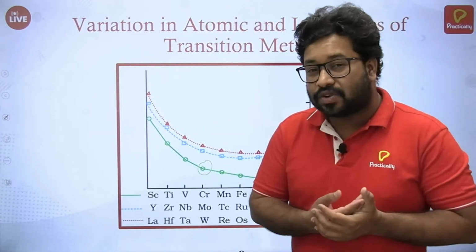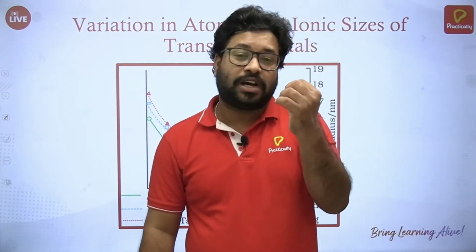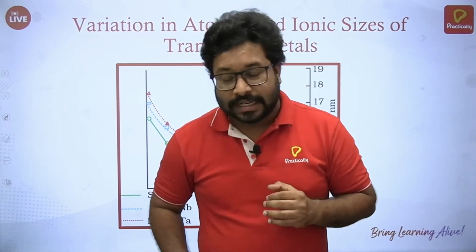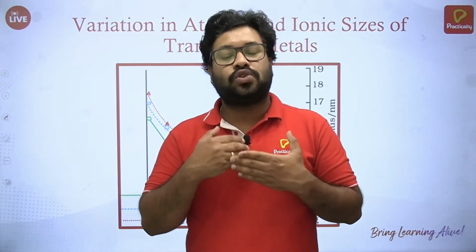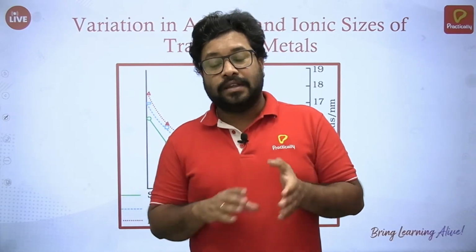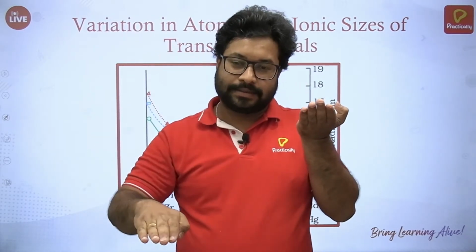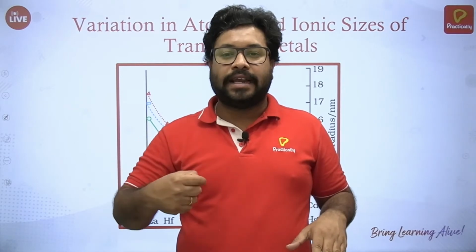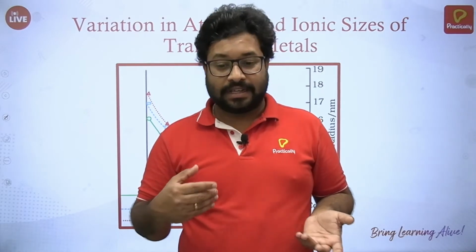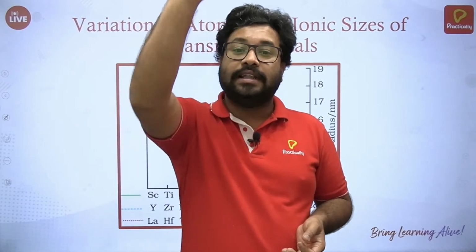And what does a d electron do? With each added d electron, the nuclear charge has increased, but shielding hasn't happened that much. d electrons display a weak screening effect. And because of that weak screening effect, what does nuclear charge do? Increased nuclear charge decreases the size. With each added d electron the nuclear charge is increasing, but the shielding effect does not let the nuclear charge reach the last shell.